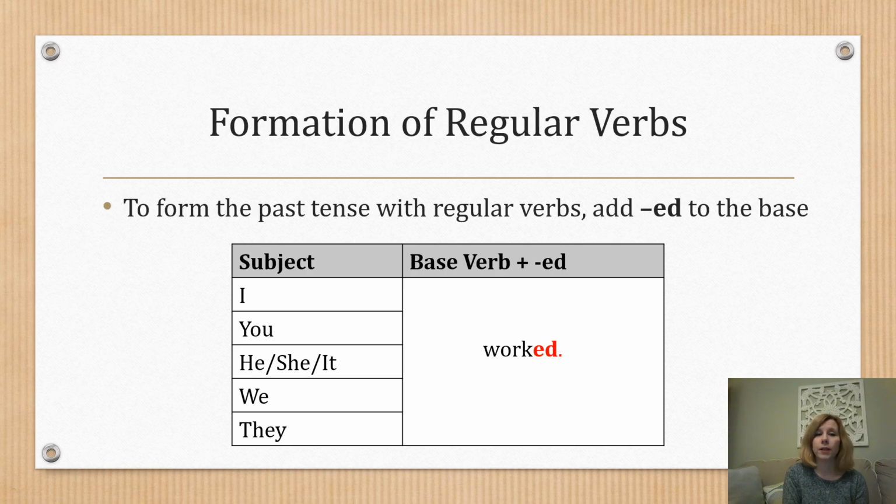Our subjects are I, you, he, she, it, we, and they. To make work past tense, we just add ed. So I worked, you worked, he worked, she worked, it worked, we worked, and they worked. Seems pretty easy, doesn't it?